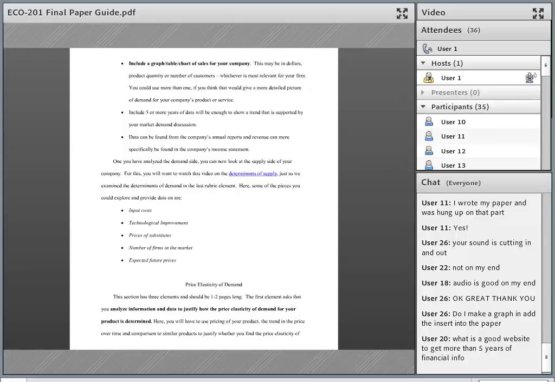Number of firms in the market. That's a great one for those of you doing the beer. I know that craft beer breweries are popping up all over the place, and that impacts how much any one brewery can supply. And expected future prices. These things are all outlined in your book. You don't have to go over each of these, but this is just to give you an idea of some of the things you could talk about in terms of the company's approach to supplying their product.